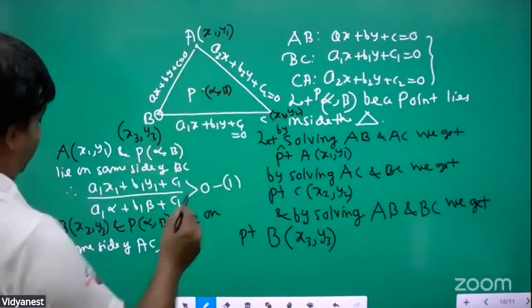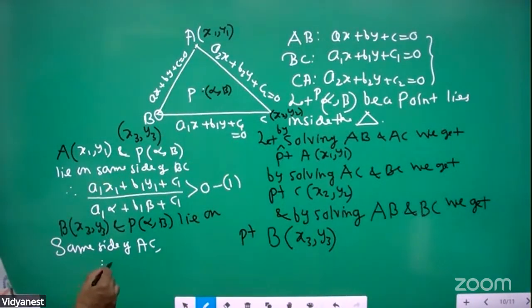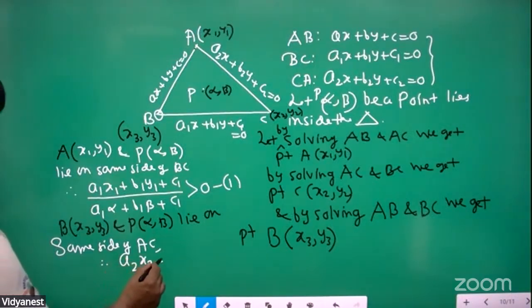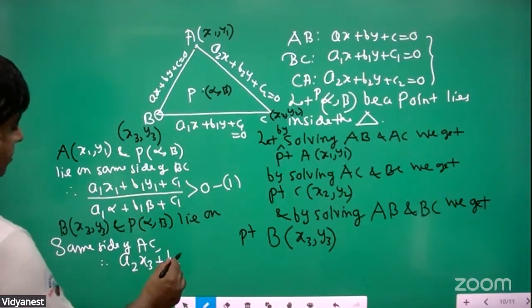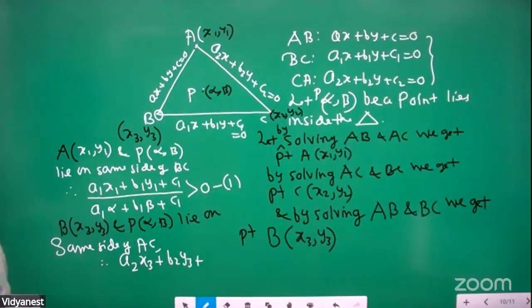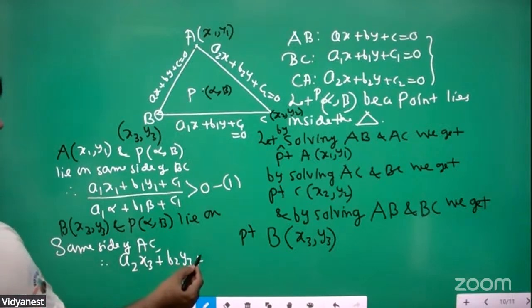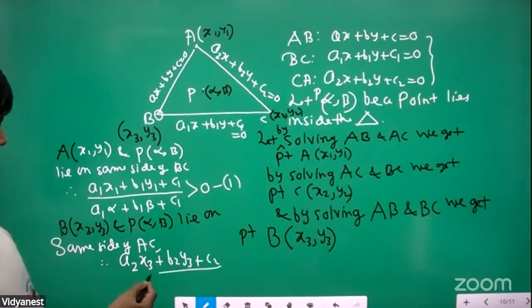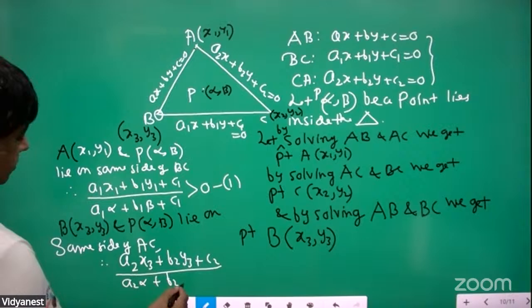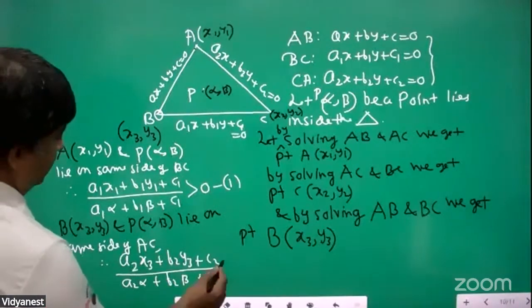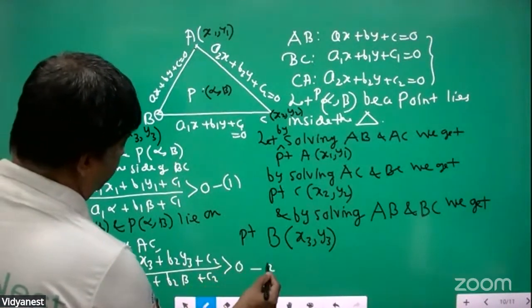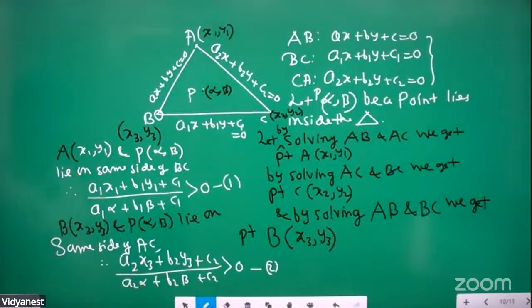AC's equation is this: A2 x3 plus B2 y3 plus C2 by A2 alpha plus B2 beta plus C2 is greater than 0. This is inequation number 2.